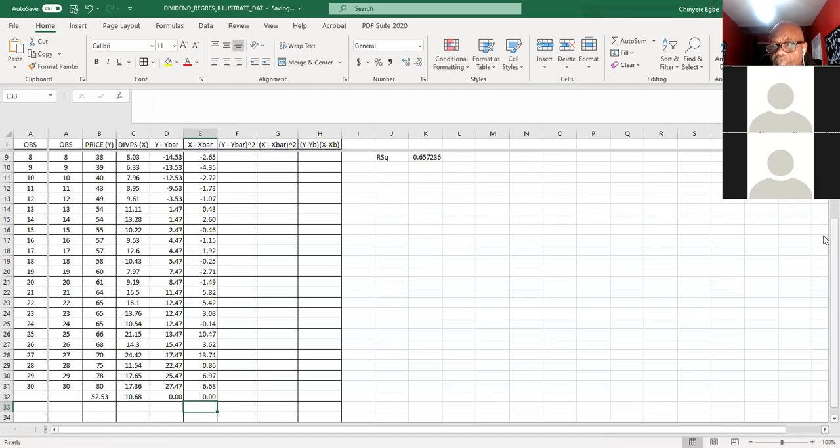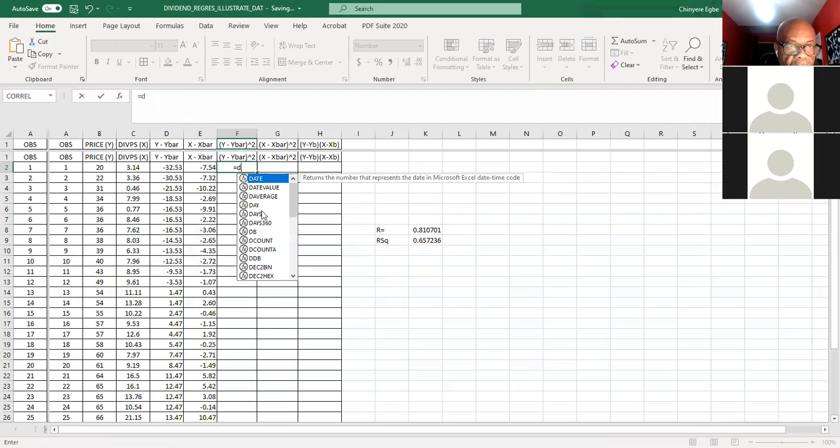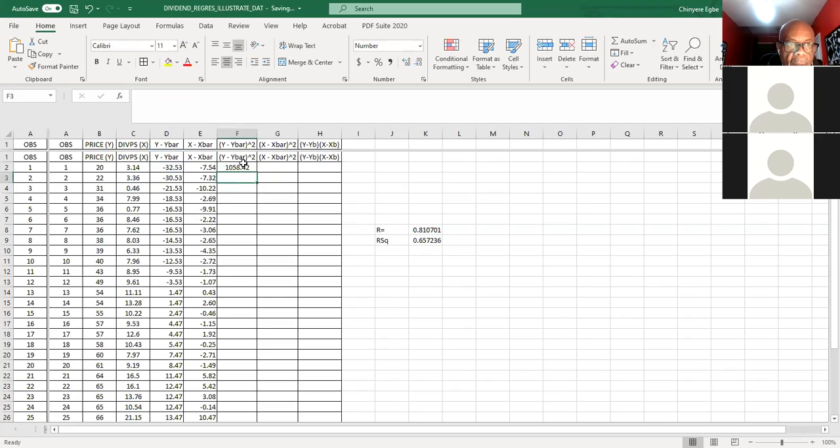So now let's go to the next stage, which is to get the square. You multiply each of these values by itself. You get Y minus Y bar to the power 2, so equals B2 to the power 2. You have to square it.